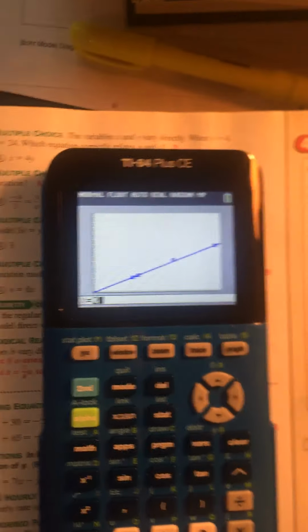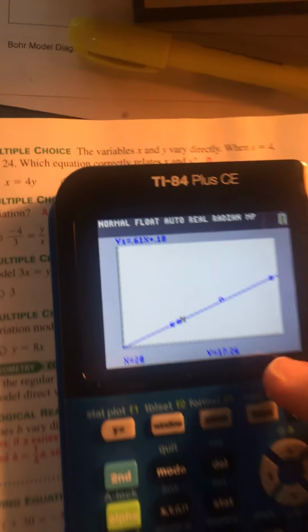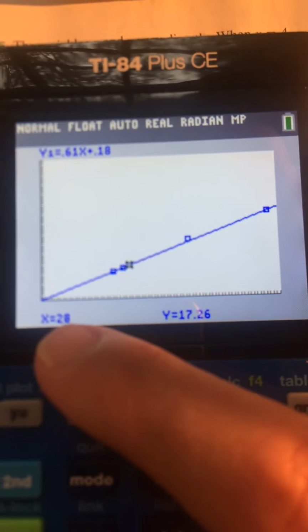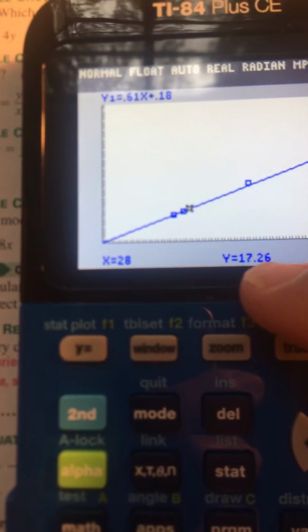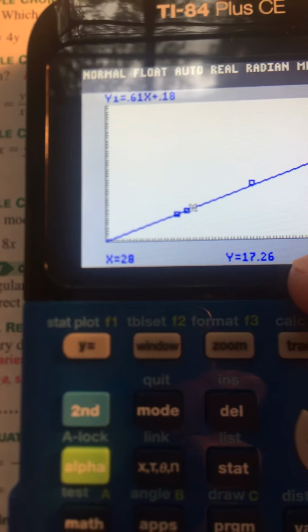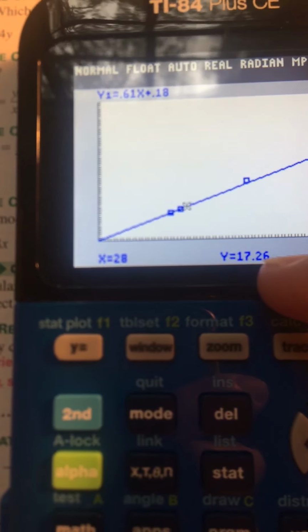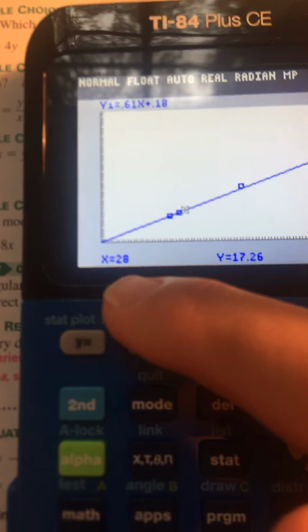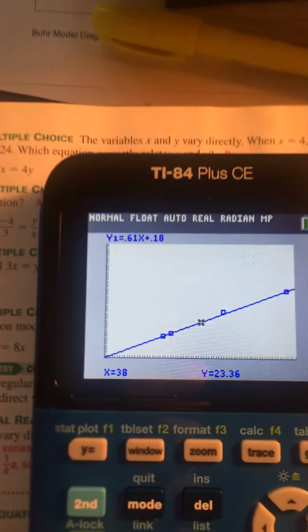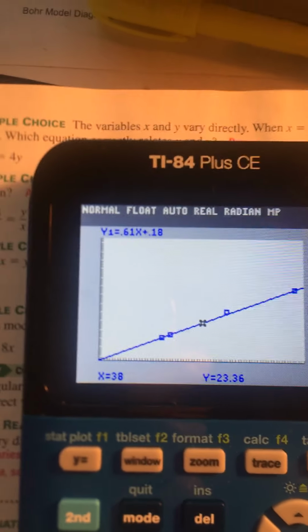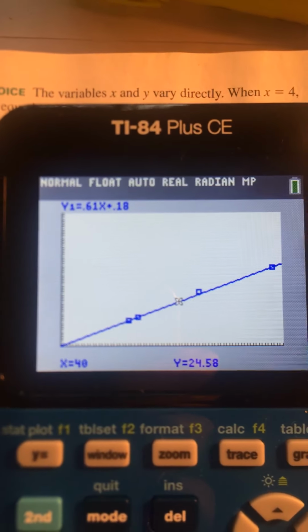So I'm going to put in 28, enter, and it tells me that if X is 28, Y is 17. So then if we wanted it the other way, if we wanted to figure out what makes Y 28, we would try a different value. We got 23, so now let's try 40.